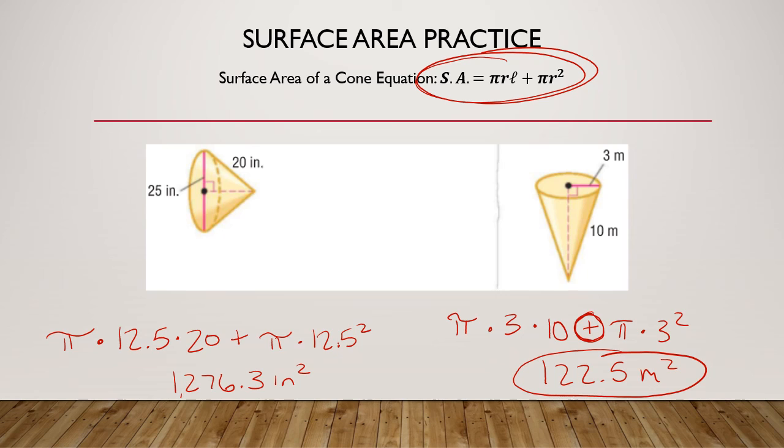We fill in a lot of multiplication as we go through finding the surface area, and sometimes we make the mistake of putting a multiplication sign instead of a plus sign there. So make sure you're doing that. When I type that into my calculator, I get 122.5 meters squared. And remember, these answers are rounded to the nearest tenth.